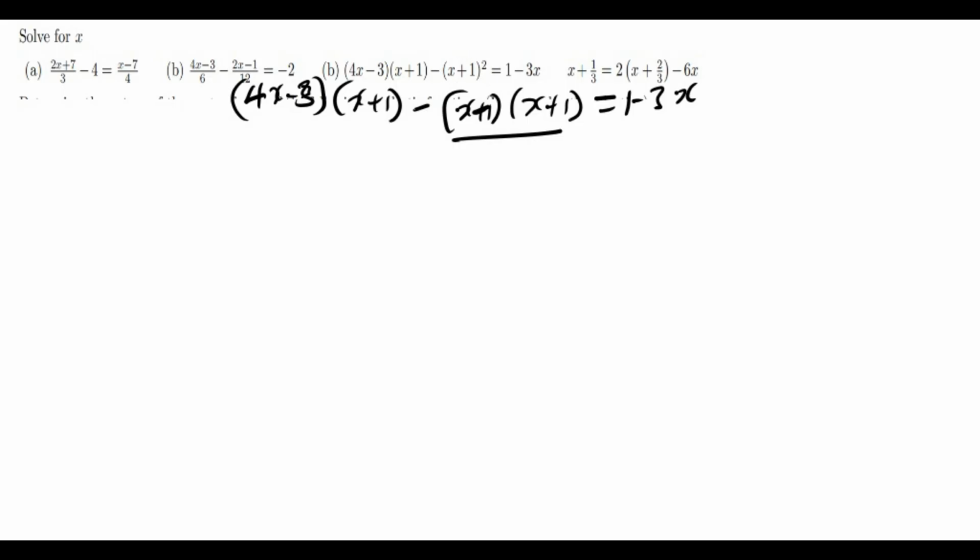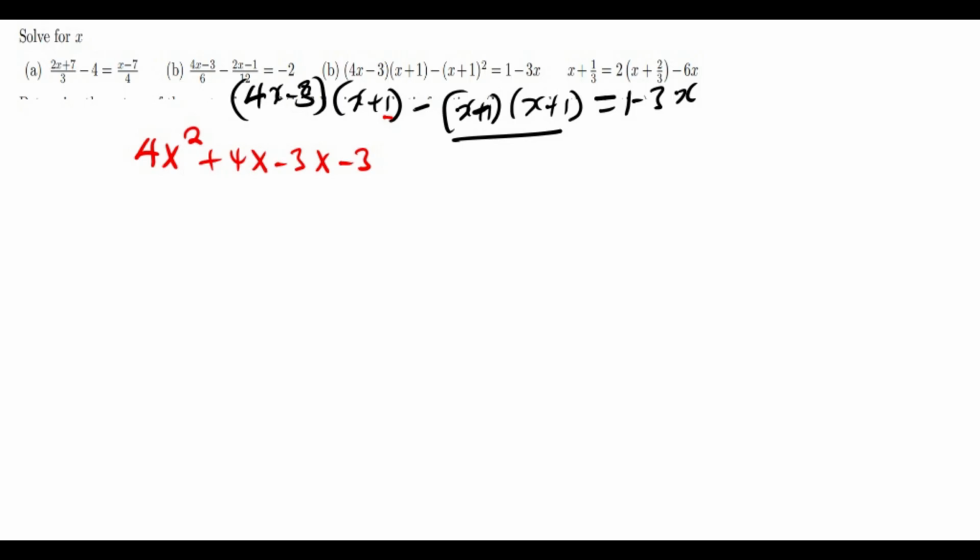Let's now expand. So 4x times x, that is 4x to the power 2, 4x times 1, that is 4x, then negative 3 times x, that is negative 3x, negative 3 times positive 1, that is 3. We are good to go. We are following.